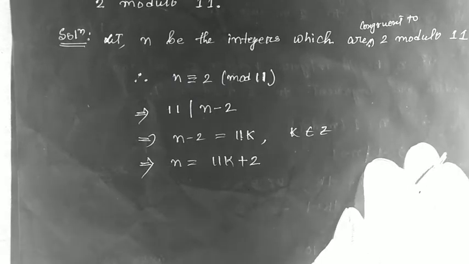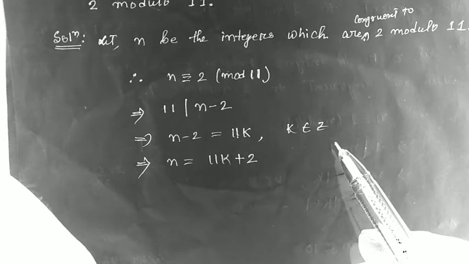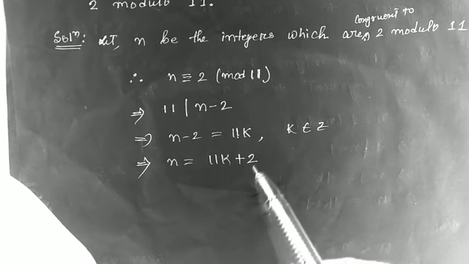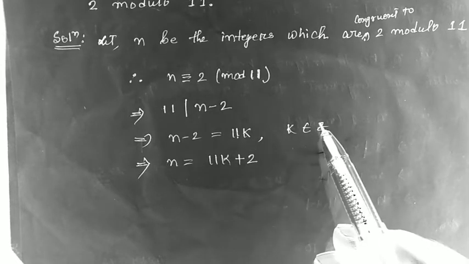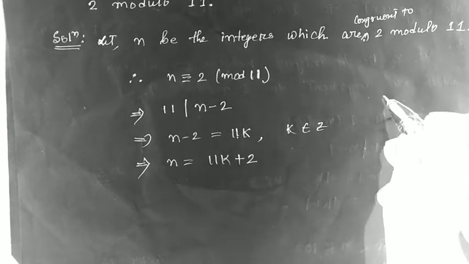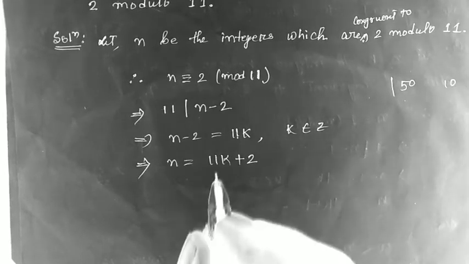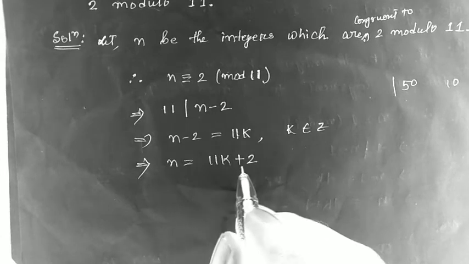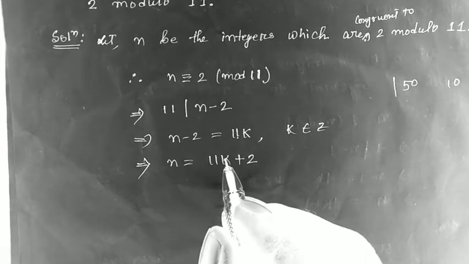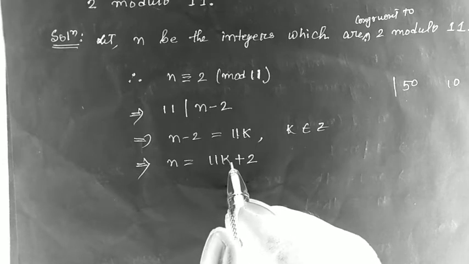Now see, in this question there is no condition between two numbers. Suppose in the previous question we had between 50 and 100, so we had to apply that condition. But in this question, since there is no condition, what are the possible values of k?